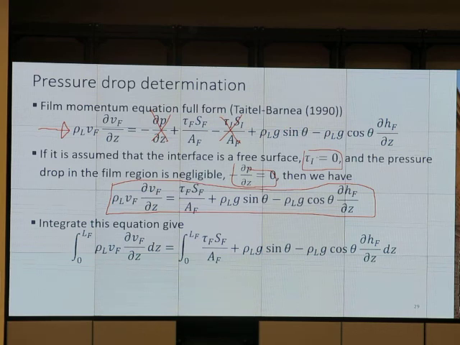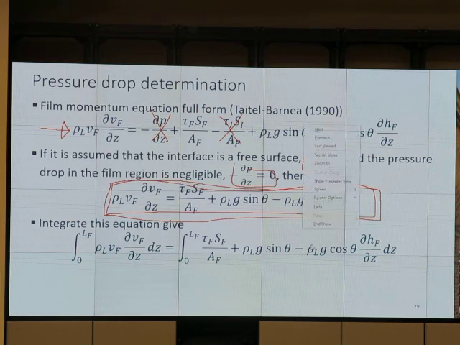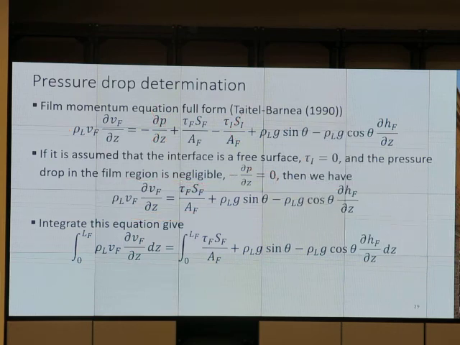By neglecting tau I and saying the pressure drop in the film zone equals 0, we get a simplified form of that equation. So this equation has what? The MA term, and the rest is the same, right? Except those things.